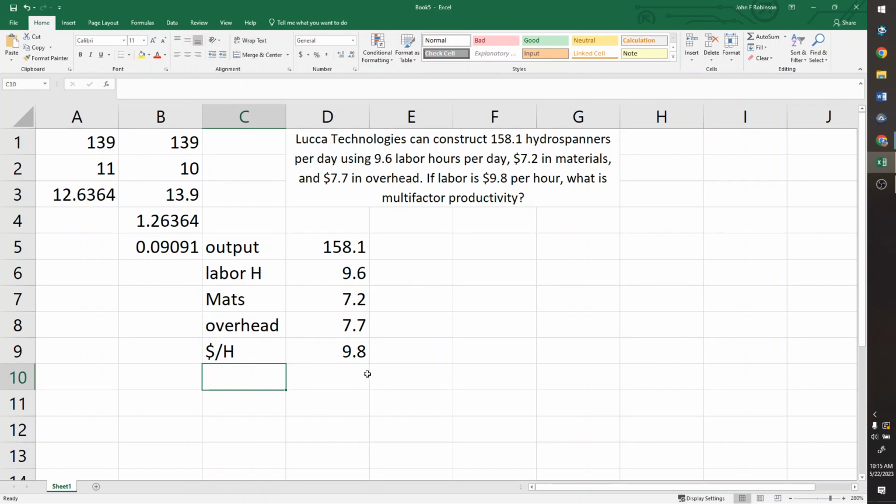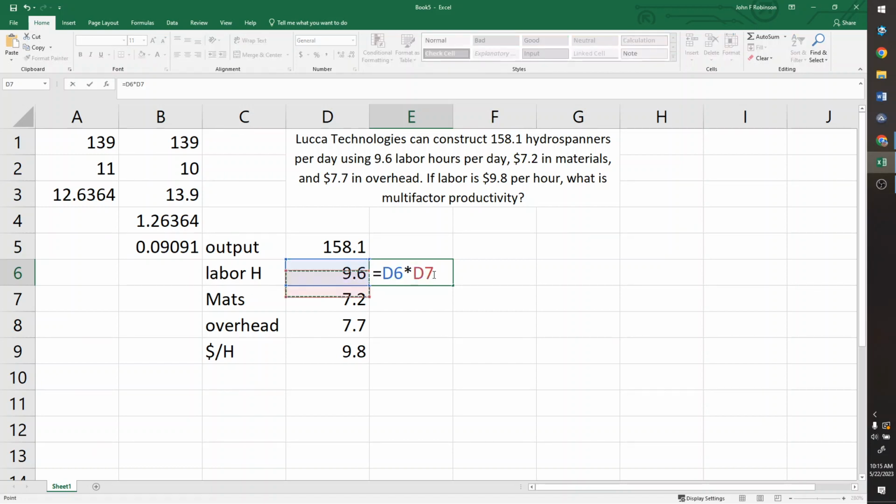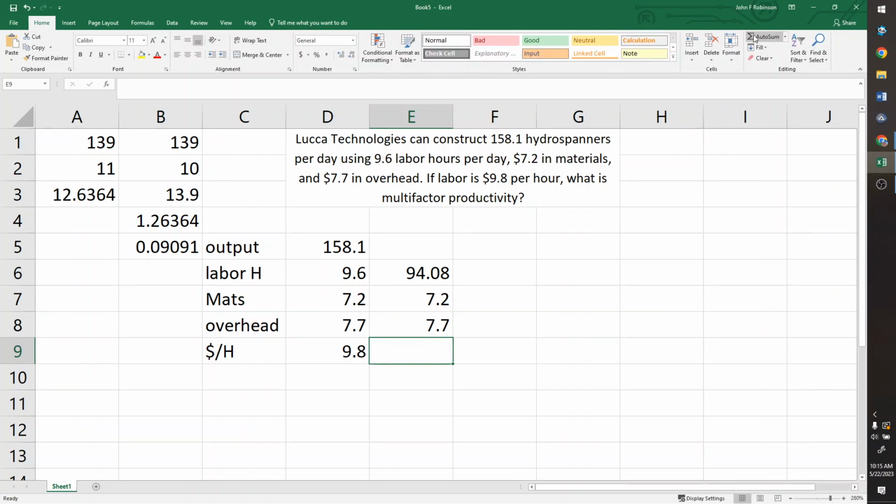All right, multi-factor productivity. So we need to figure out the total dollars in, right? So total dollars in is going to be labor hours times dollars per hour. And then we have dollars of materials and dollars of overhead. And then we can add those up. All right.